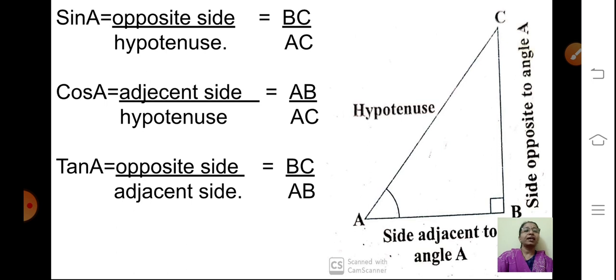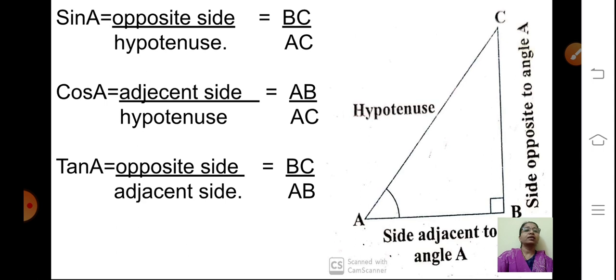in a right angle triangle. So here we have right angle triangle ABC, right angle at vertex B. Now with respect to acute angle A, let us revise all the definitions once again. Sine of angle A definition is opposite side upon hypotenuse.